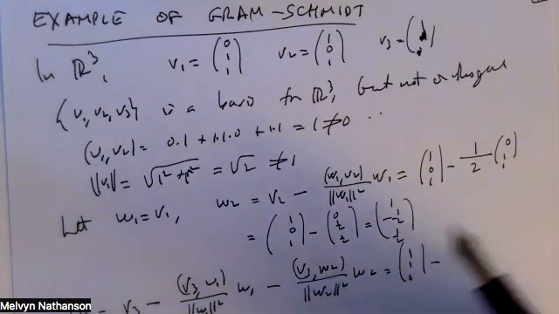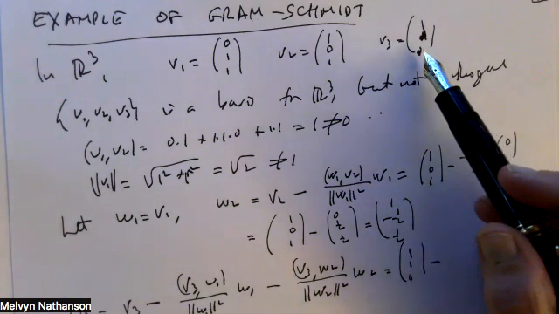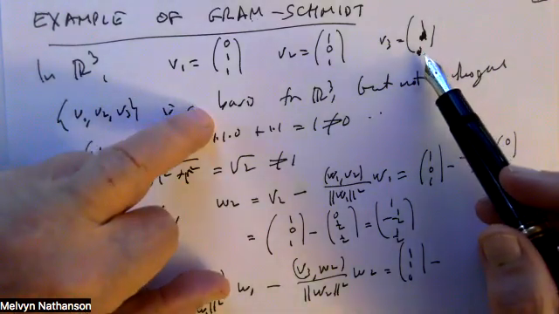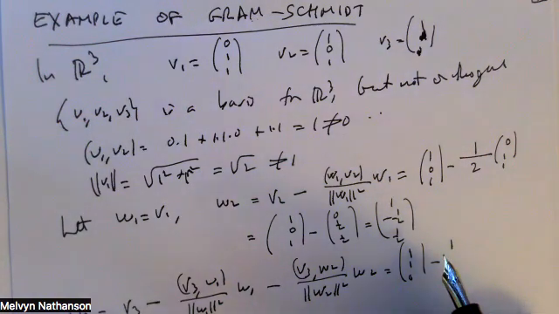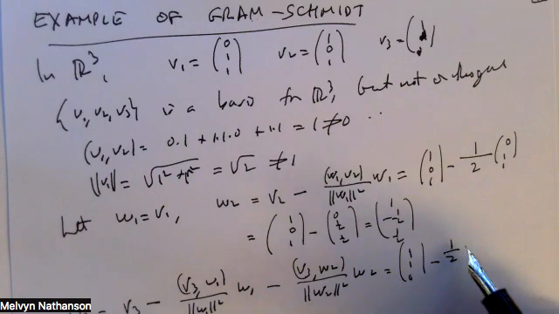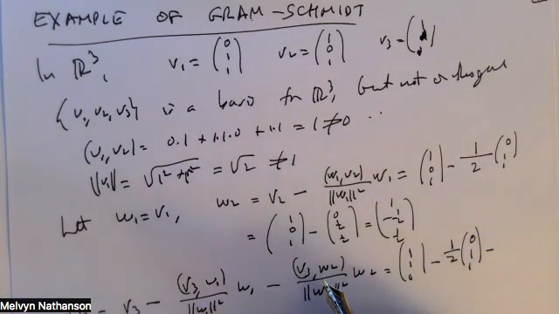The inner product of V3 and W1 is 1, over the length of W1 squared, which is 2, times W1, minus the inner product of V3 and W2.